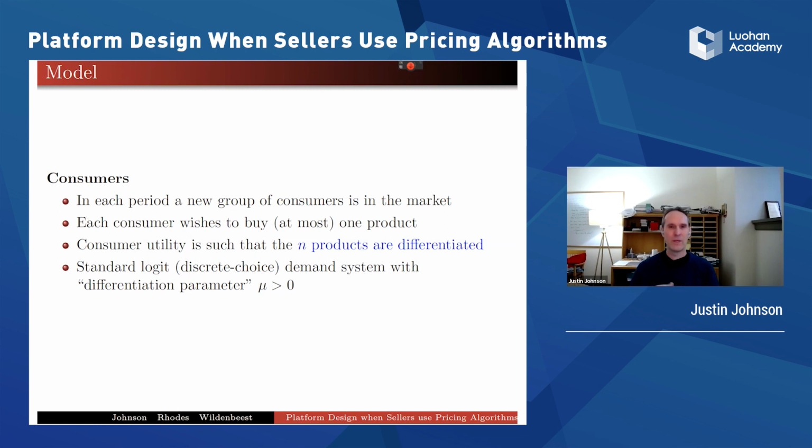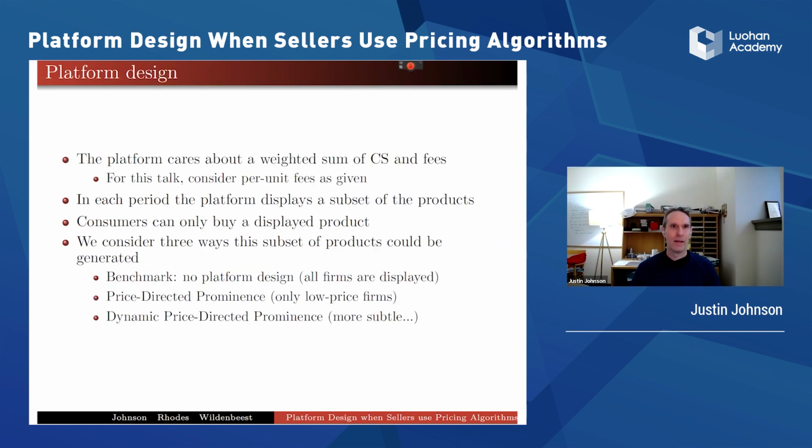So the higher that mu is, in this standard logit model, the higher firm markups would tend to be. Okay, so on the consumer side, it's a symmetric differentiated logit model. If a consumer doesn't buy something today, they just disappear. And then tomorrow a new group of consumers arrives. So there's no storing of goods or waiting or anything like that.